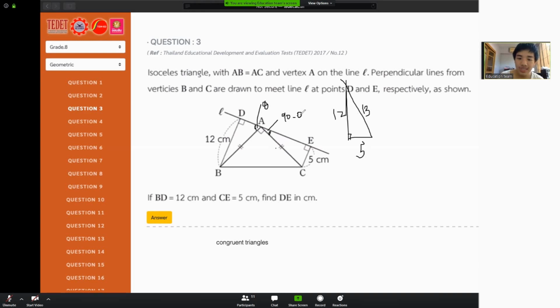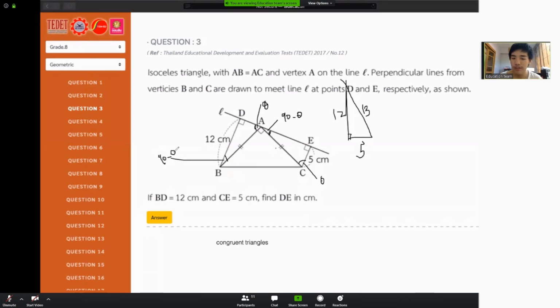If that's 90 minus theta and that's theta, and that's 90 degrees, this must be theta, because this plus this must be 90. And if that's theta, that's 90 minus theta.